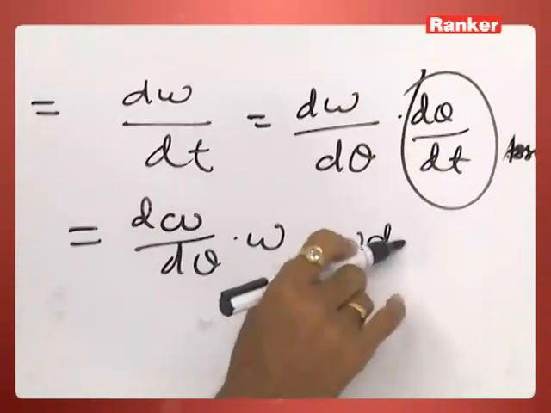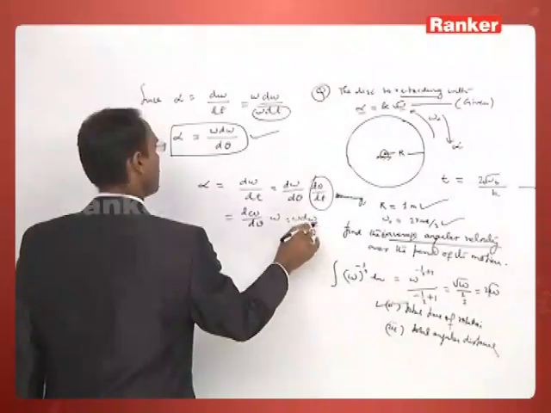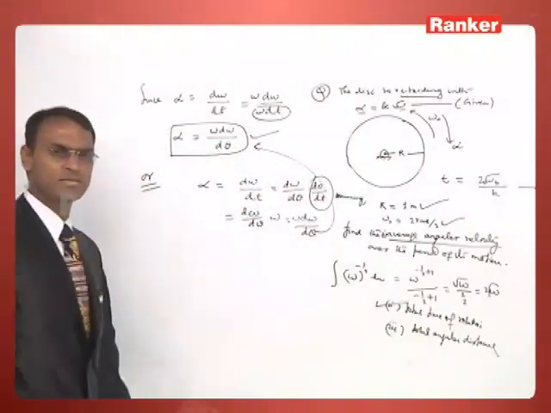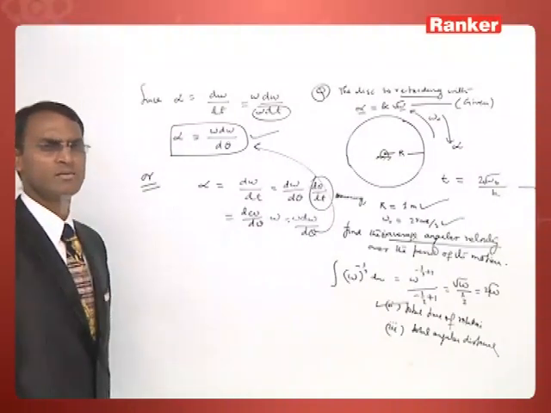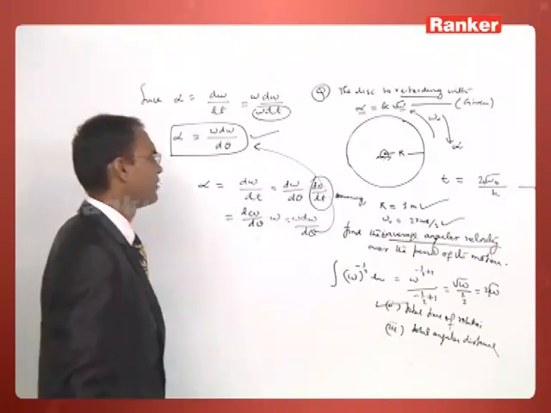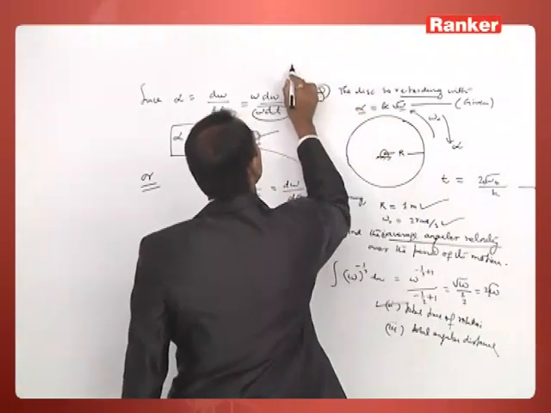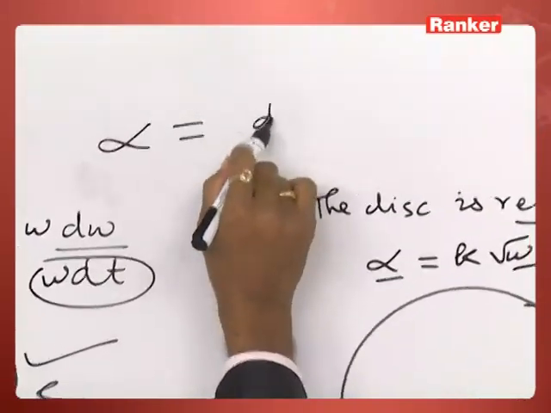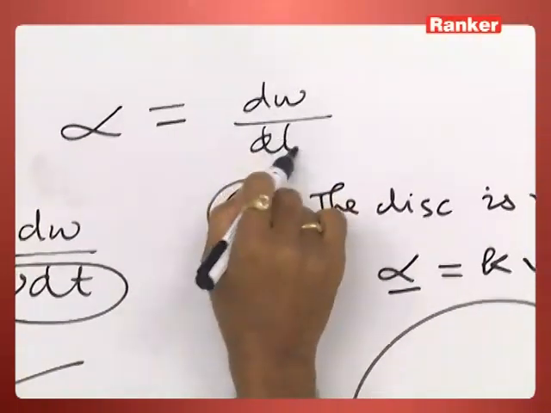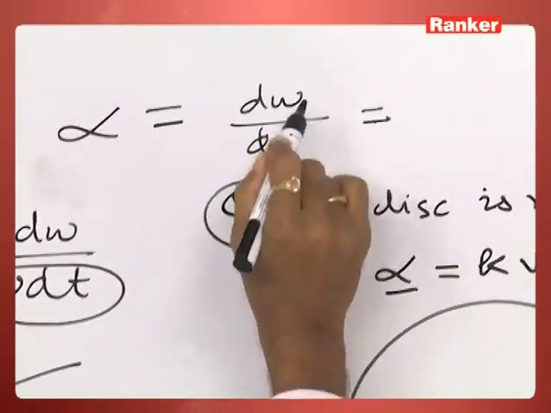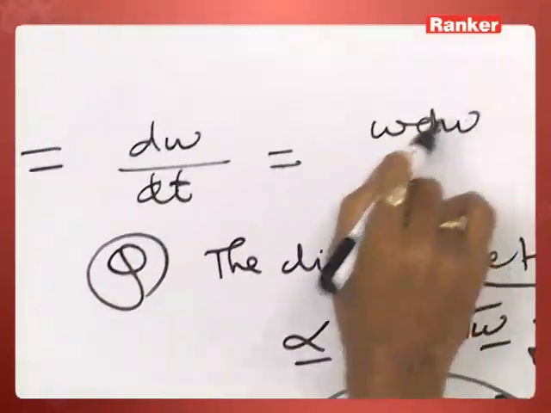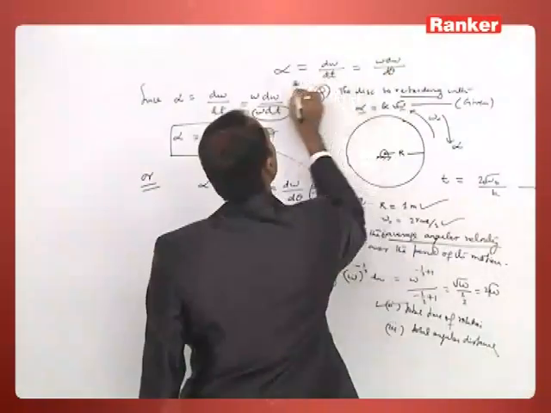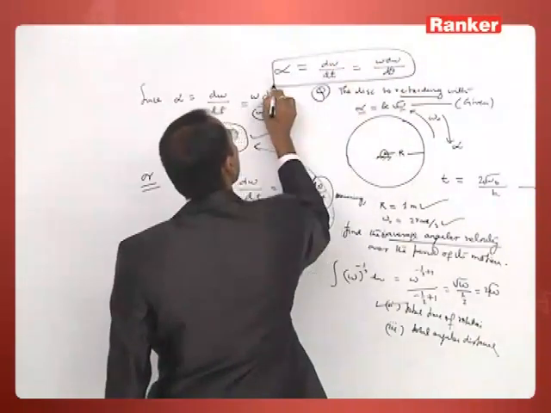So we will get omega d omega by d theta, the same expression. So we have two expressions right now for the angular acceleration. Alpha is equal to d omega by dt in terms of omega and t, and in terms of omega and theta, alpha is equal to omega d omega by d theta.